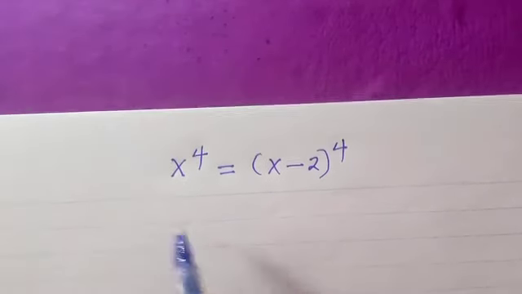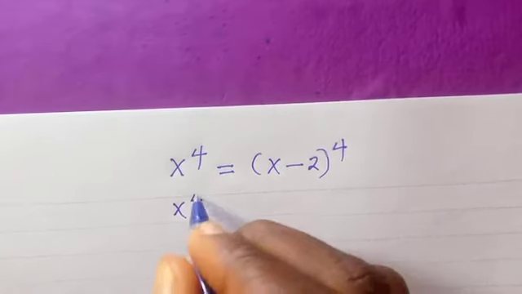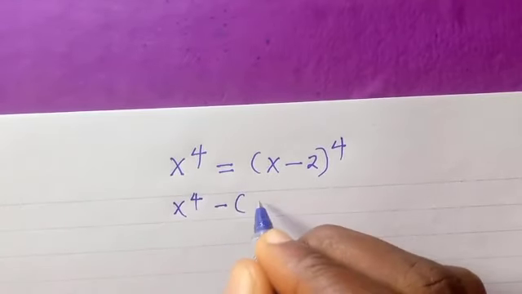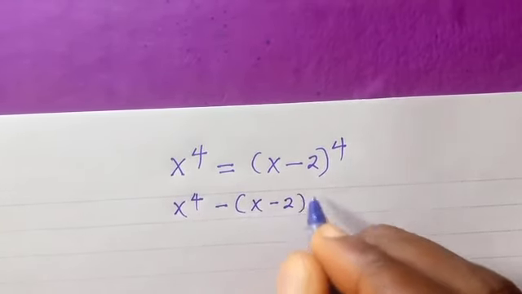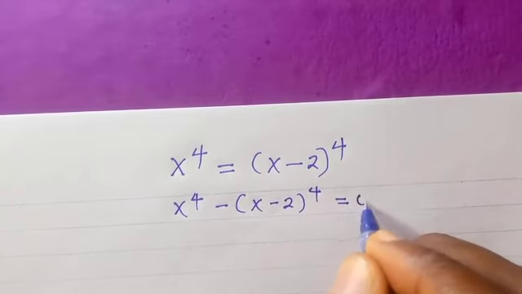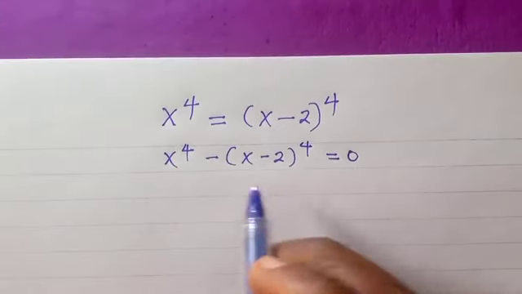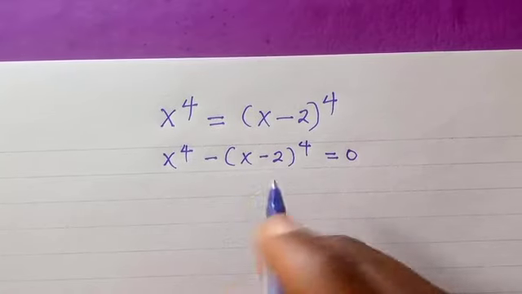So let's try to transfer this. Here is x to the power 4 minus (x minus 2) to the power of 4 equals 0. From this one, you can try to expand this.